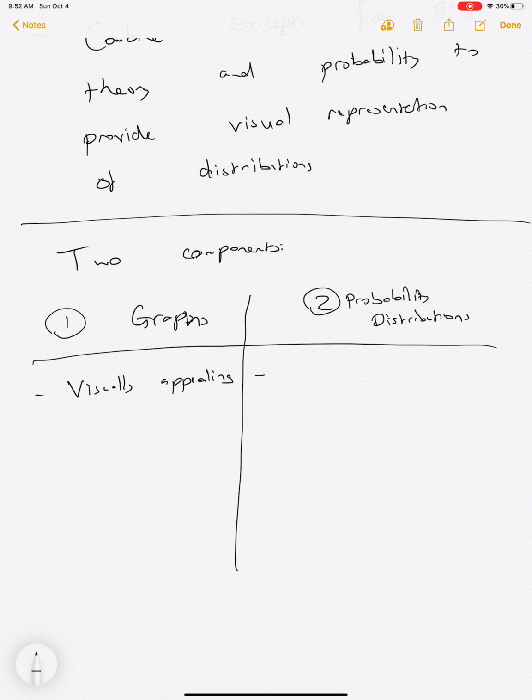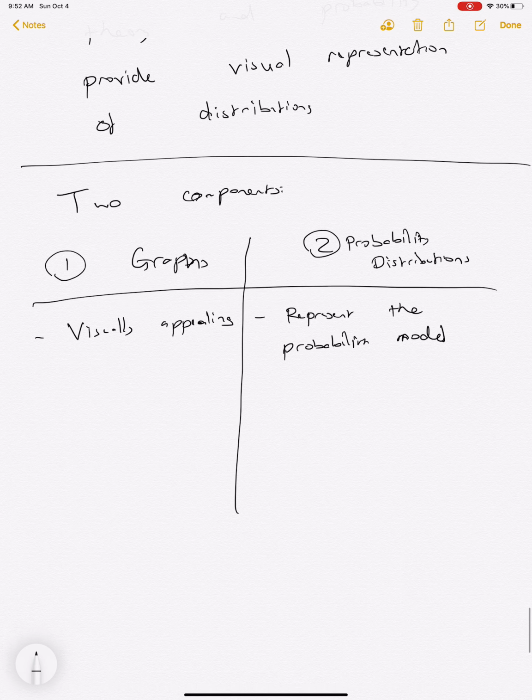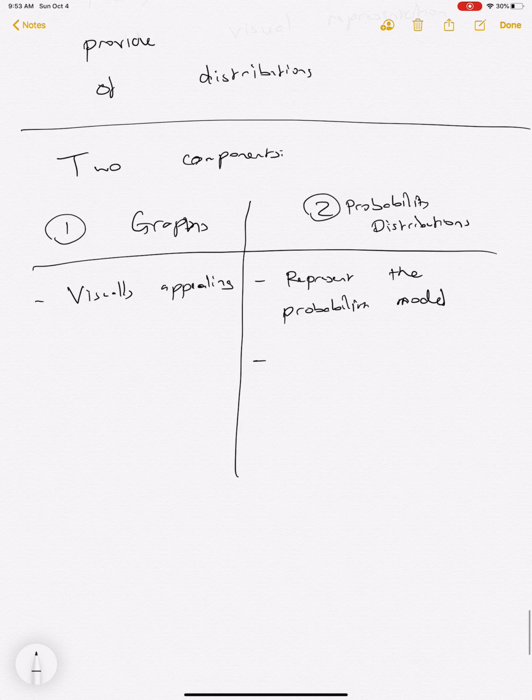But probability distributions are nice because, in this context, they represent the probabilistic model, and in particular, the focus here is conditional independences, which we're going to talk about shortly.